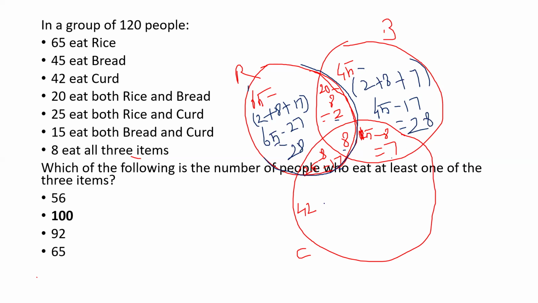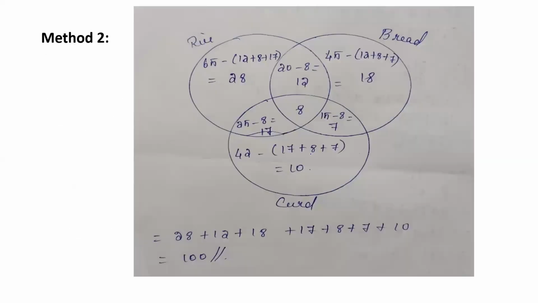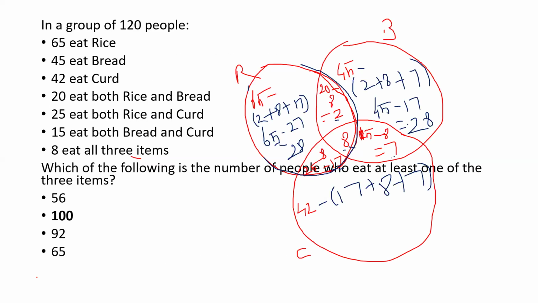Like this, we do 42 minus 17 plus 8 plus 7. So what is the value? 17, 8, 7, this is 18 I think, and this is 10 it will come.